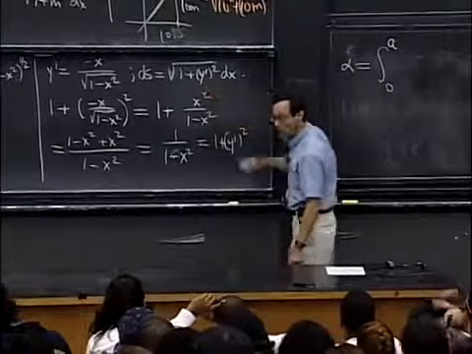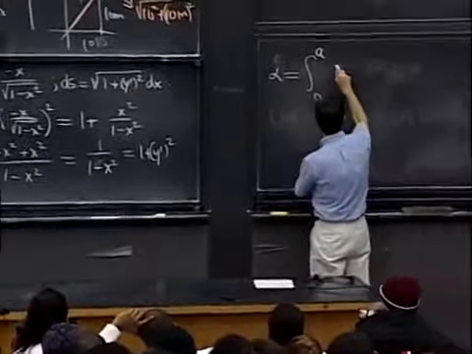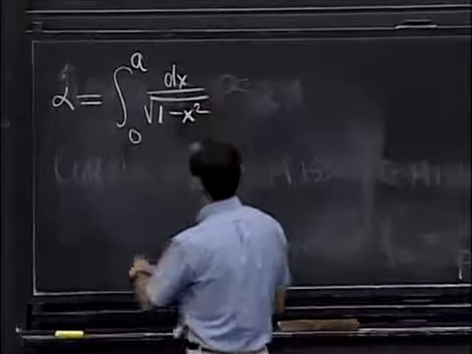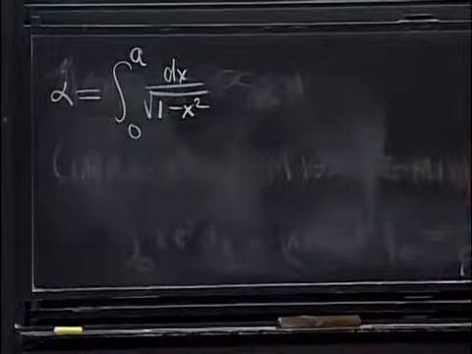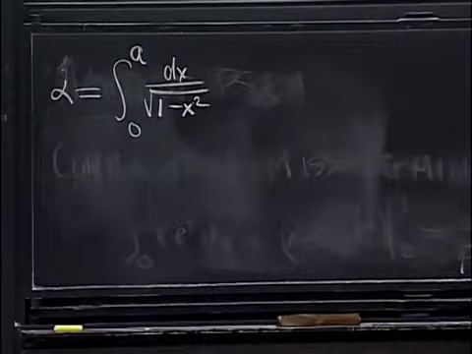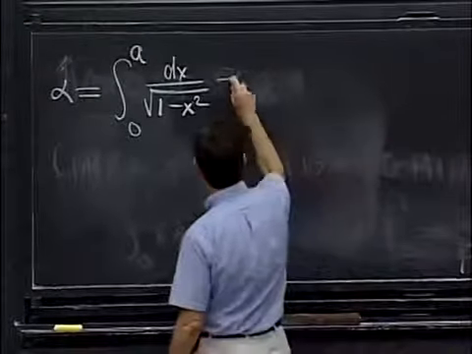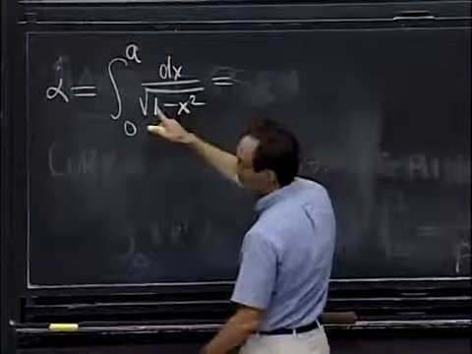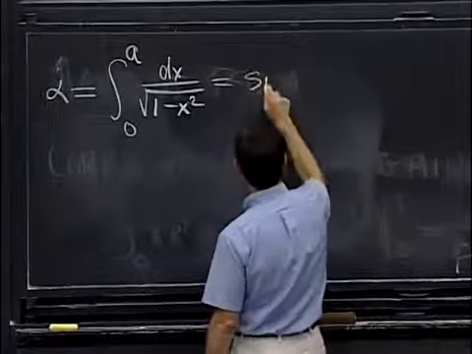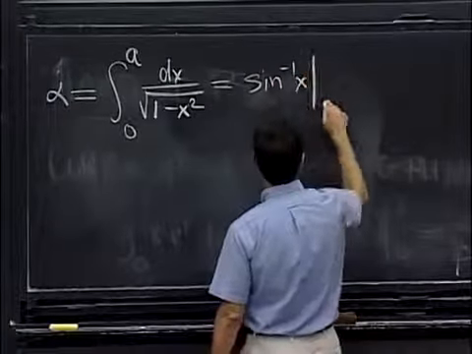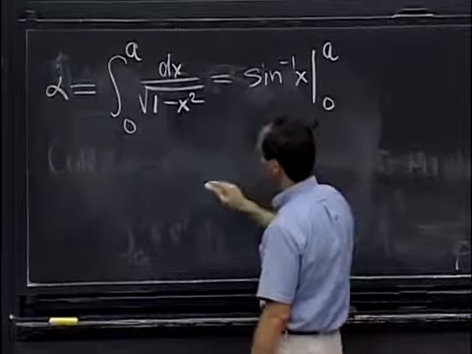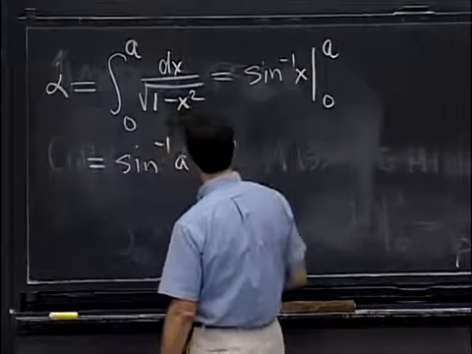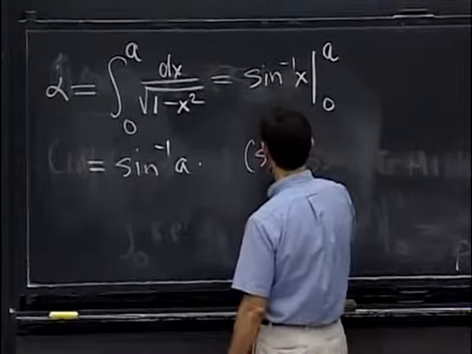I have to take the square root of that. So what I get here is dx over the square root of 1 minus x squared. And now we recognize this. The antiderivative of this is something that we know. This is the inverse sine, evaluated at 0 and a, which is just giving us the inverse sine of a, because the inverse sine of 0 is equal to 0.